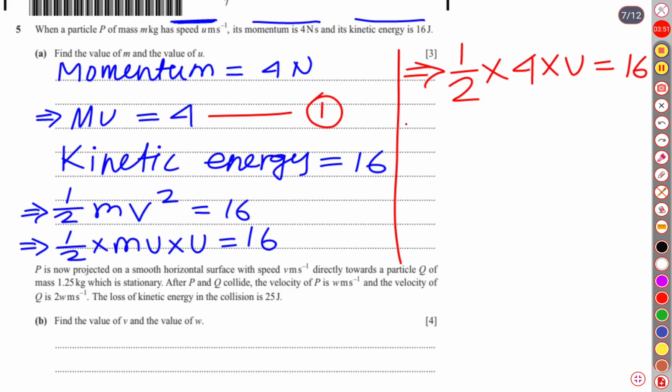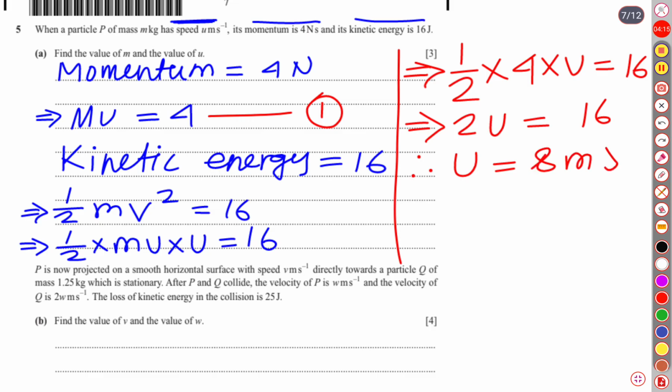Now look at this. If this 4 is divided by 2, it is going to be 2u. So 2u is equal to 16. What does it mean? That our initial and final velocity was 8 meters per second. Well, we have got one of the values.